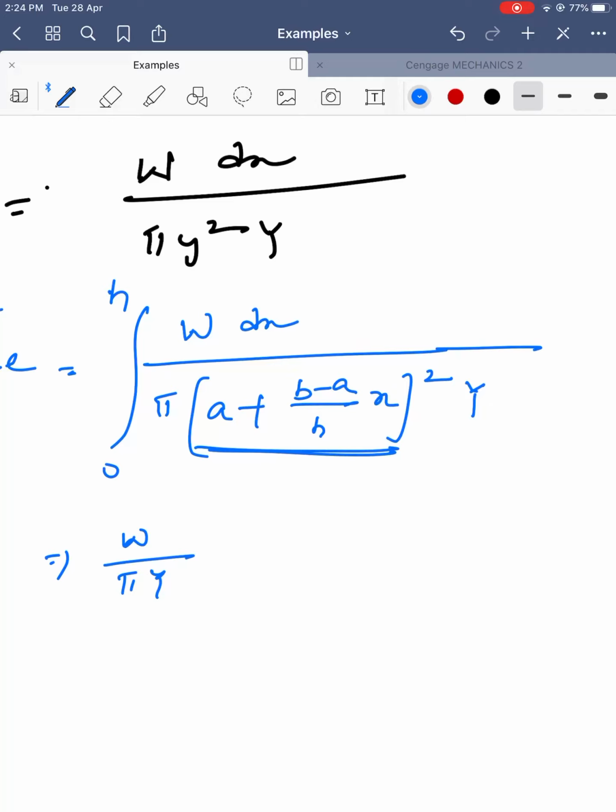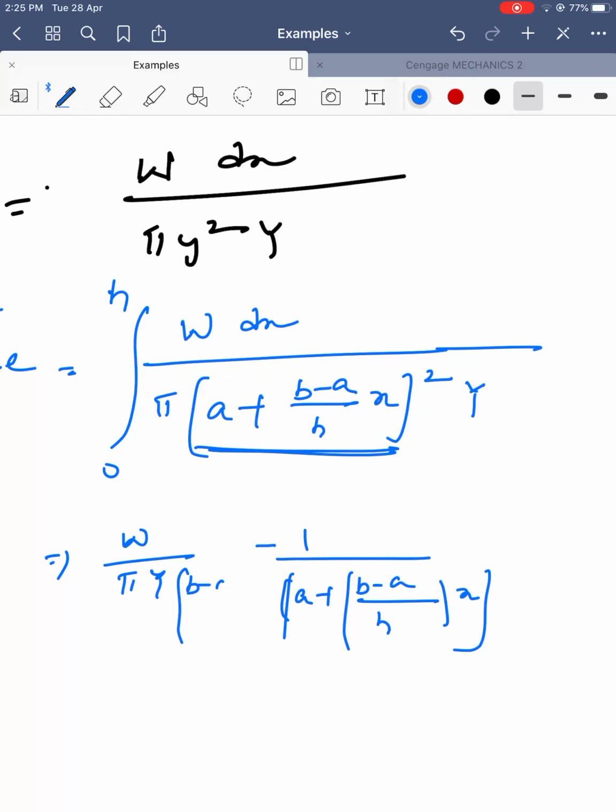If you do integration, it will be minus of 1 by A plus B minus A by H into X, and one more thing will be there, it is divided by B minus A by H.